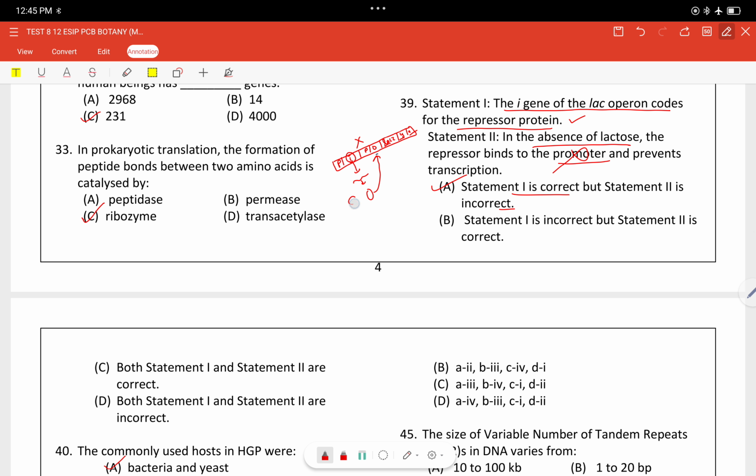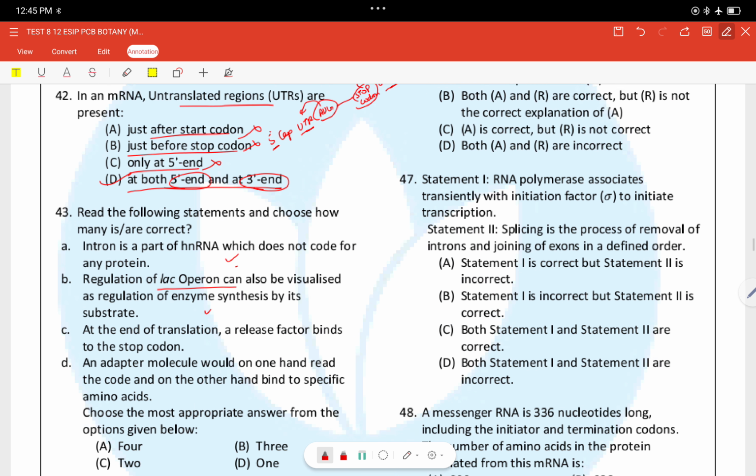But if lactose is present, then all three genes will get expressed. Z will code for beta galactosidase, Y for permease and A for transacetylase. All three enzymes work together to perform metabolism of lactose. So basically lactose is the substrate which regulates the switching on and off of the operon system.